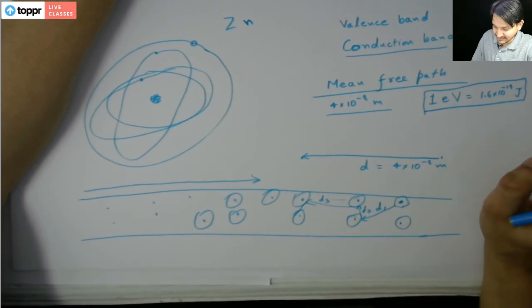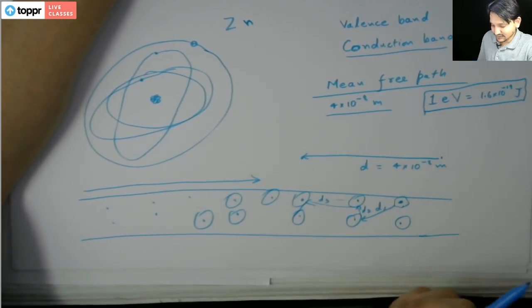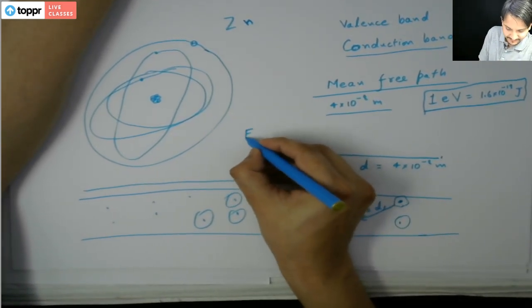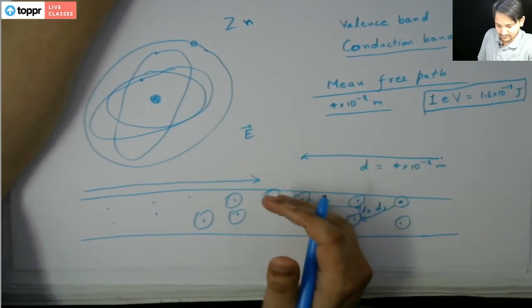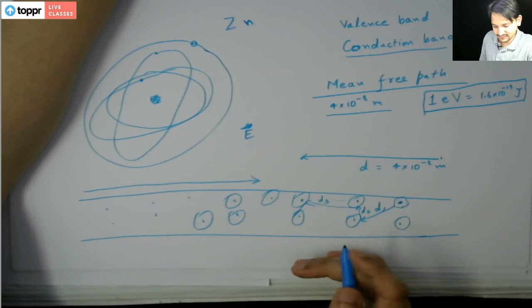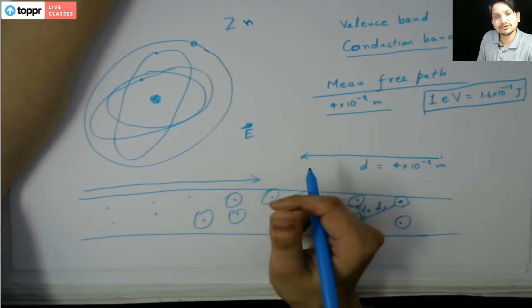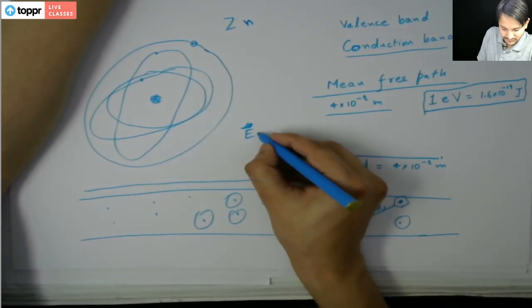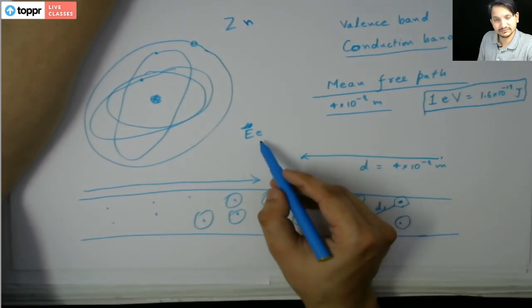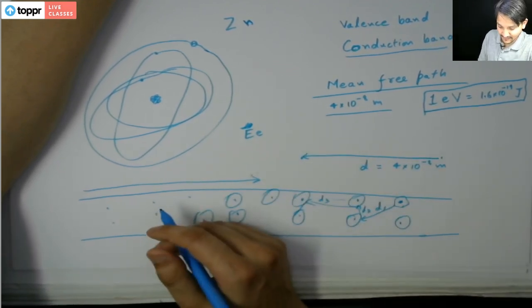So the first thing is, we would consider the force given by that electric field. Let's say that electric field is E, meaning the magnitude of this is E, not E vector. So what would be the force on this electron? Would that be E times small e? This small e is the charge of the electron.